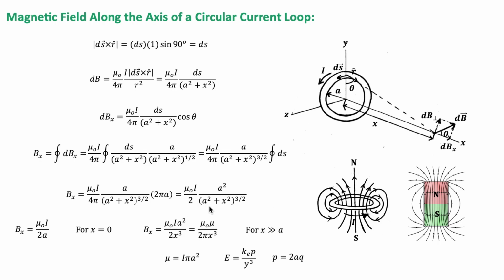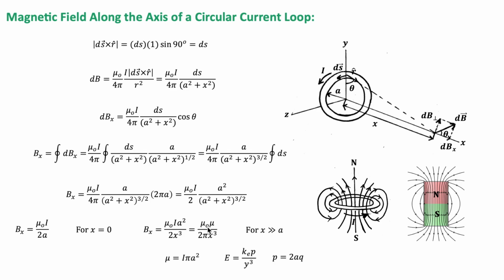From this expression here, if we want to find the magnetic field at points far away from the loop, so at x much larger than a, we can ignore a in this bracket, and we get Bx is equal to μ0 I a² over 2x³, and we know that μ, the magnetic moment of the loop, is equal to I π a².